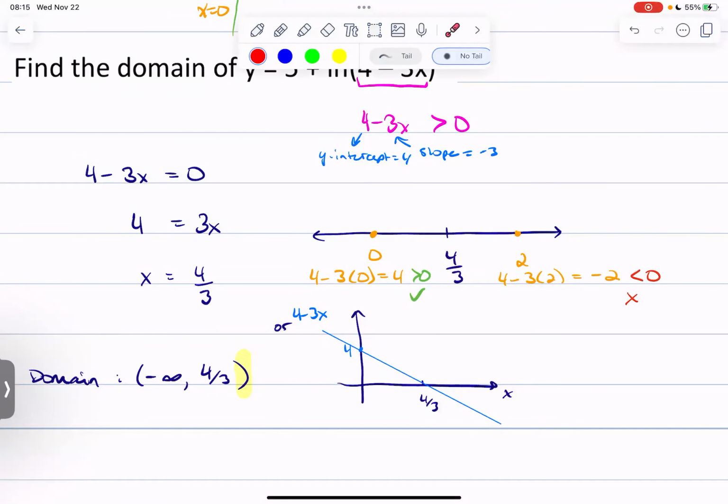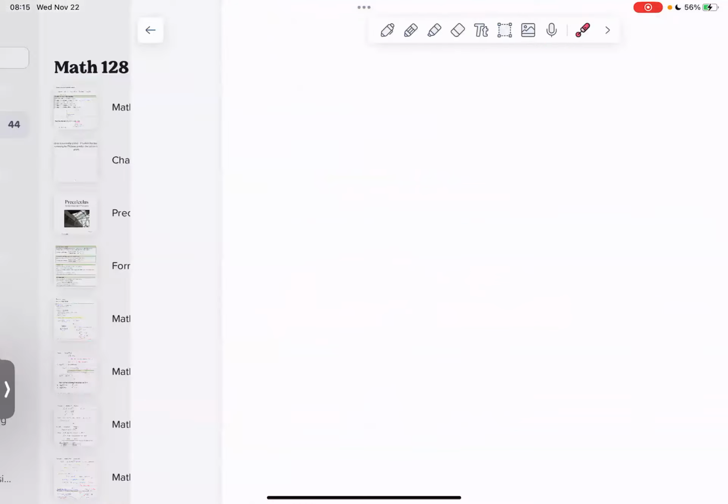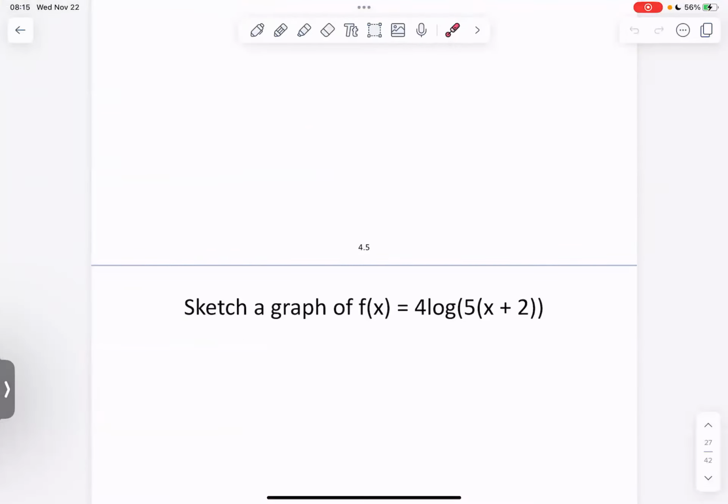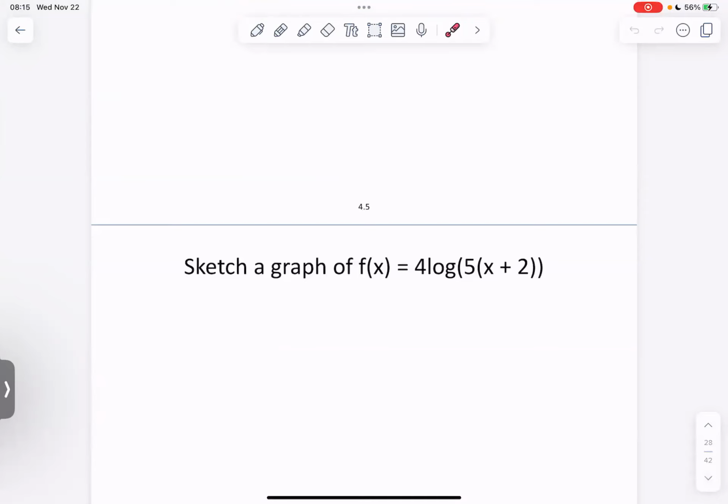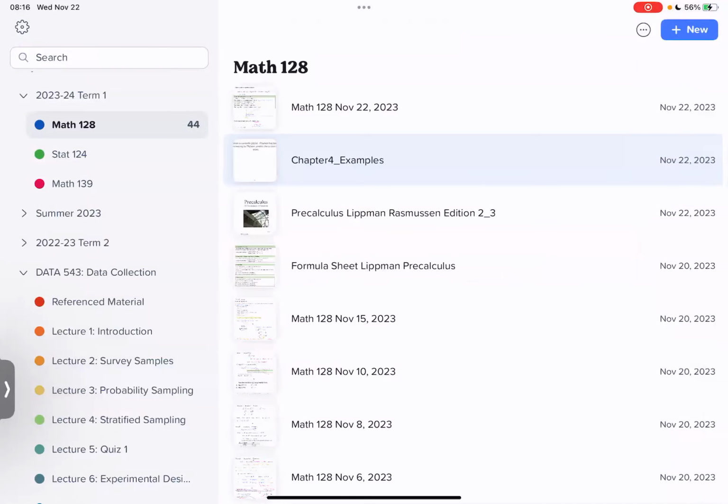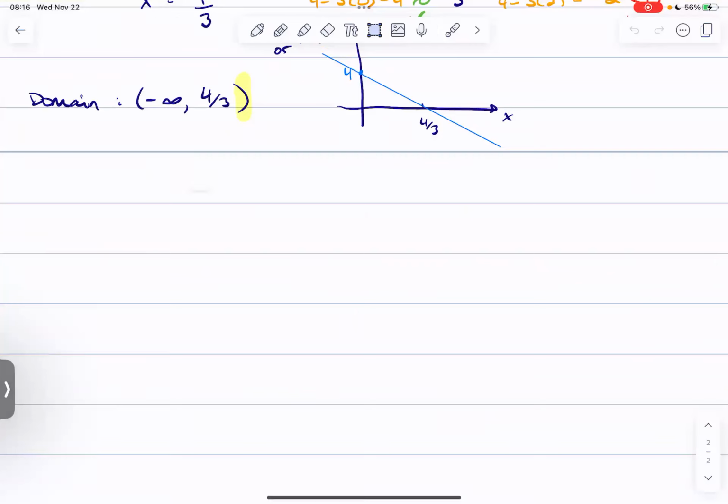We can do transformations of logs, obviously, because we can transform anything. Sure. Let's see here. We're going to use Desmos to sketch this because I'll never ask you to sketch anything again.